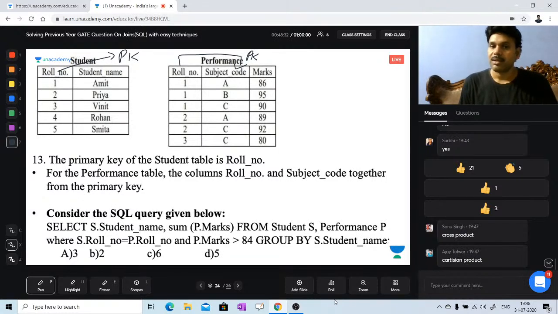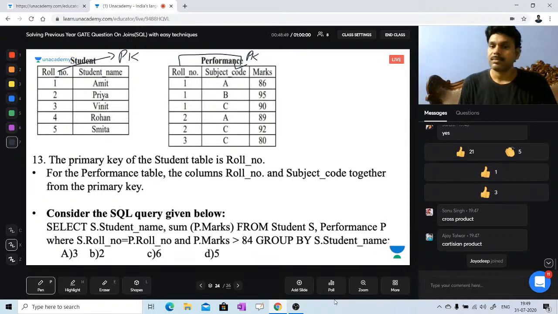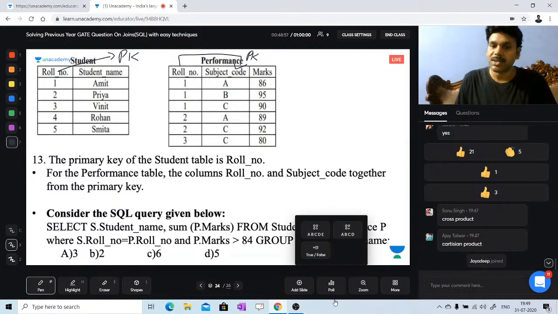Okay. So analyze this question carefully. Take a poll now. Don't look at my answer. I am also guessing. You also guess it, try to do it yourself.